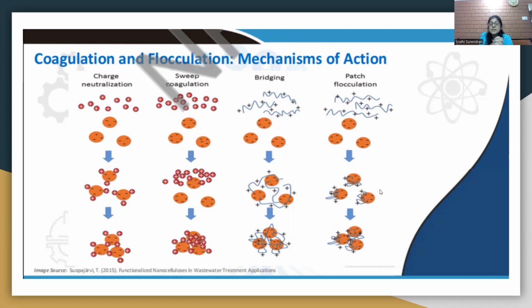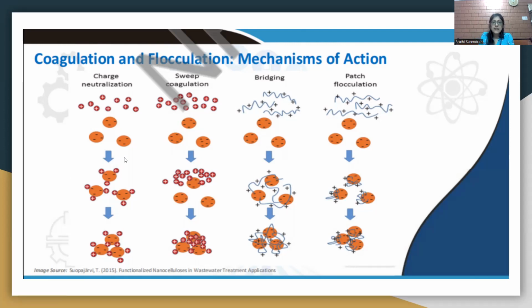Sweep coagulation is nothing but when we add coagulants, the coagulants itself form a precipitate. Even if the colloidal particles' charge is not neutralized, this precipitate will sweep and catch all those colloids in the water as it moves through the water. This process is called sweep coagulation.